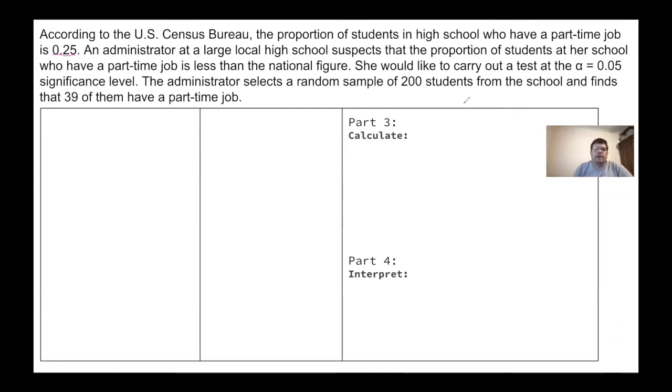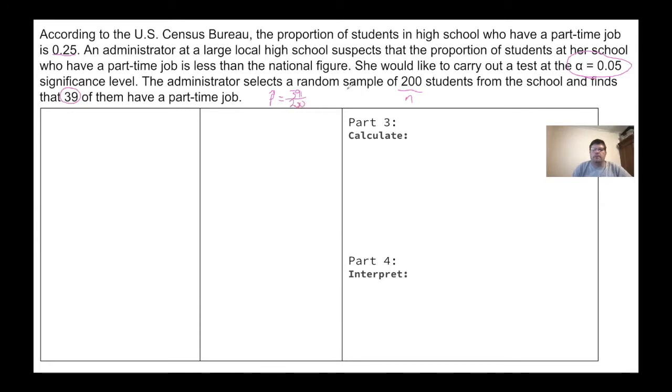They want to find out, is it 25% or is it not 25%? They're going to use the alpha level of 0.05. They're going to randomly select 200, that's our n, and find 39 of them have a job. So we're going to be able to calculate p-hat as 39 over 200.